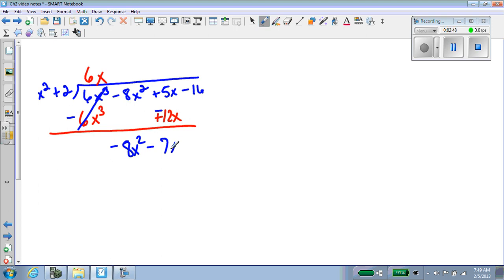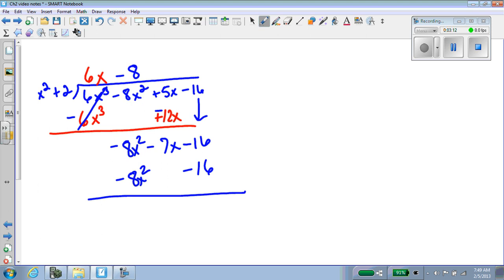Minus 7x, and then I literally bring down my negative 16, and I start again. What do I have to do to x squared to make it into negative 8x squared? I have to multiply it by negative 8. So I do. I multiply it by negative 8 and get negative 8x squared. I also multiply my 2 by negative 8 and get negative 16.